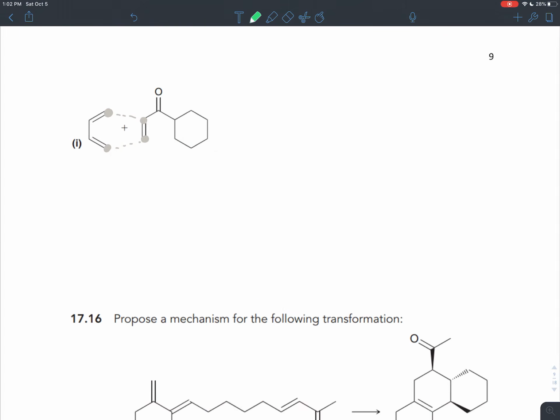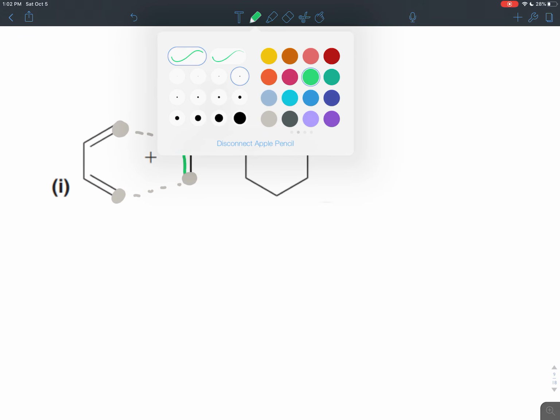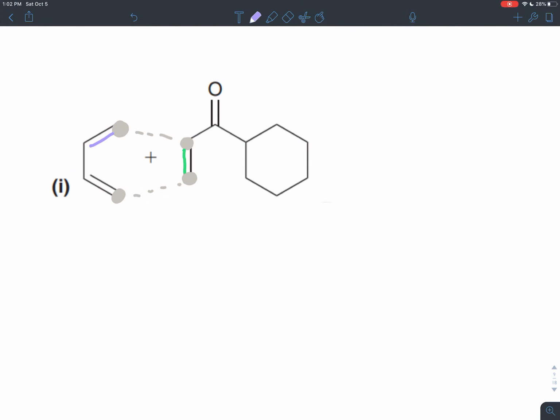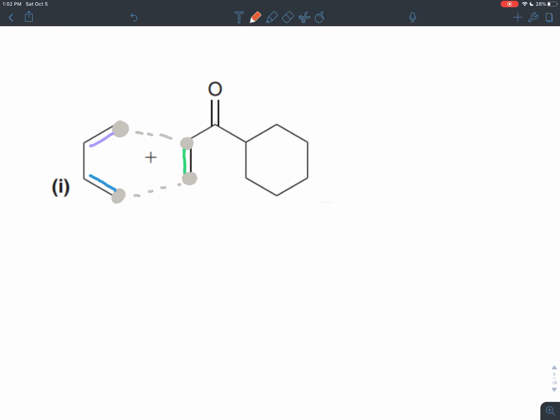Just so we can keep track of them, I'm going to color the pi bonds here, so we can watch them as they move around to form this ring. And once you've got all of that, and why not, let's just number these so it's easy for us to keep track of everything. So once you've got this, I'm just going to move all of these pi bonds, the electrons in those pi bonds, I'm going to move them all clockwise, one bond over.